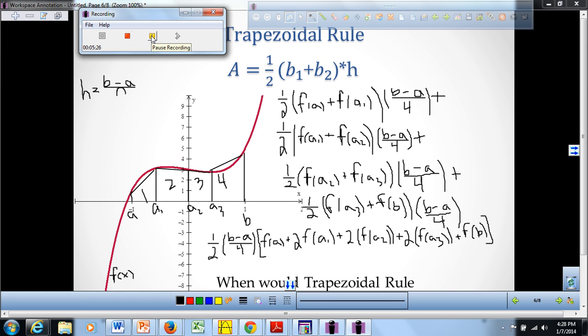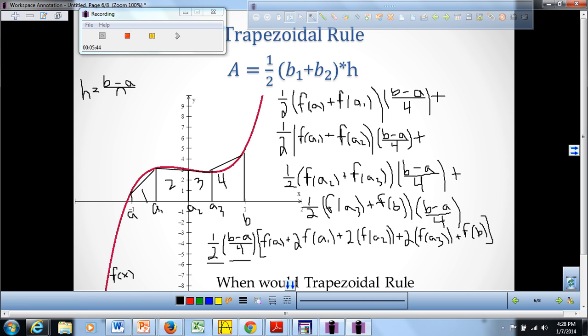Okay, so what we have now is the 1/2 and the b minus a over 4 pulled out in front. And when we factor those out, what are we left with? We're left with an f of a coming from our first trapezoid plus 2 f of a sub 1, because we end up using f of a sub 1 in our first trapezoid and in our second trapezoid.